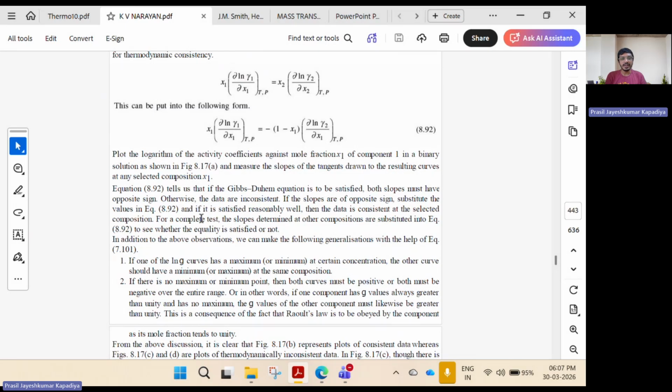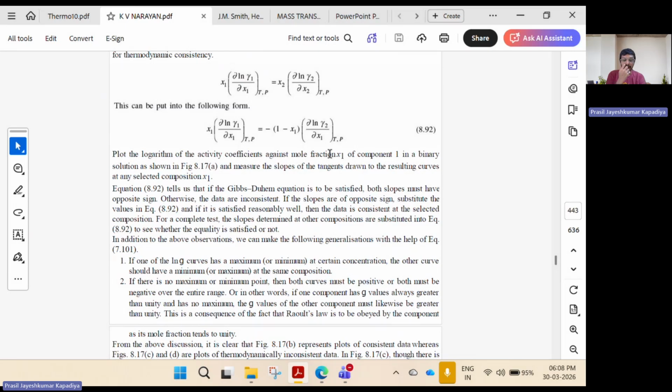Now, this equation tells us that if the Gibbs-Duhem equation is satisfied, both slopes must have opposite signs, correct? So what did we find? x1 dln gamma 1 by dx1 is equal to minus x2 dln gamma 2 by dx1. So slopes should be of opposite sign. And if it is satisfied reasonably well, then the data is consistent at the selected composition.